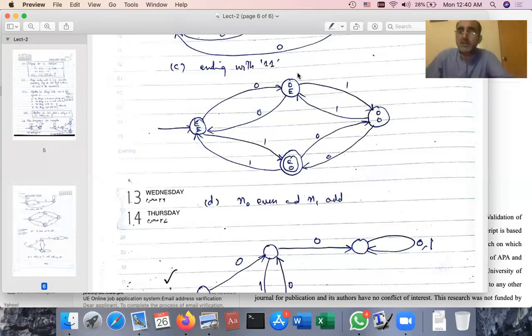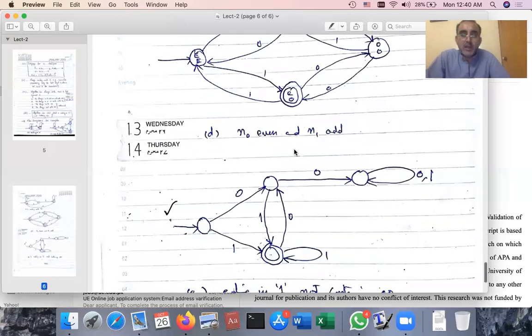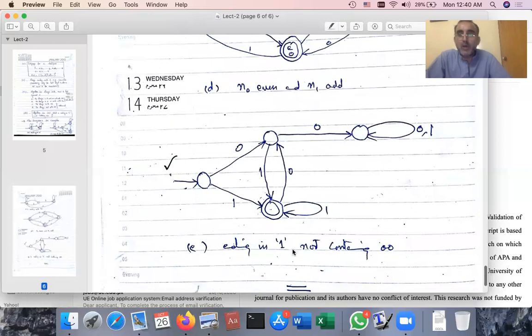I can discuss further strings over this finite automata, but as you have enough understanding from this example, I just stop here so that you can continue making these further edges by yourself. And the last example is ending in 1, not containing 0 0.